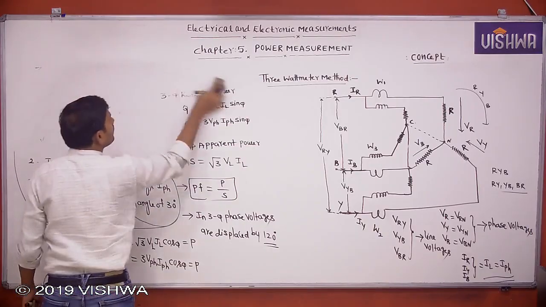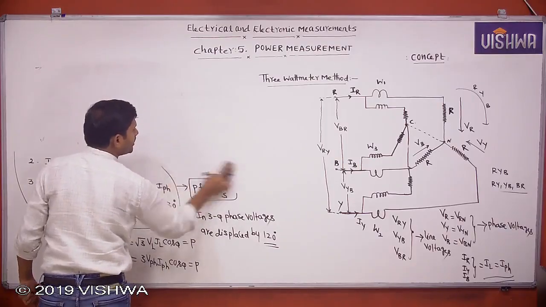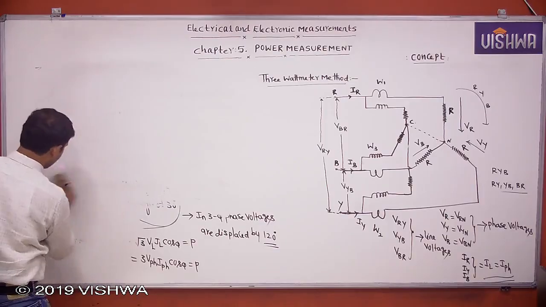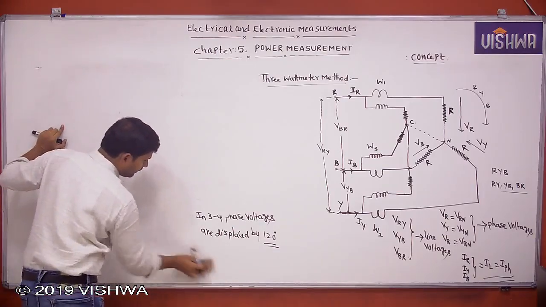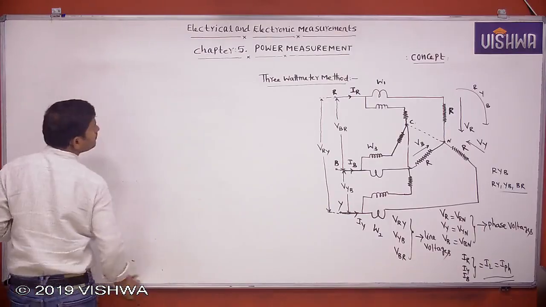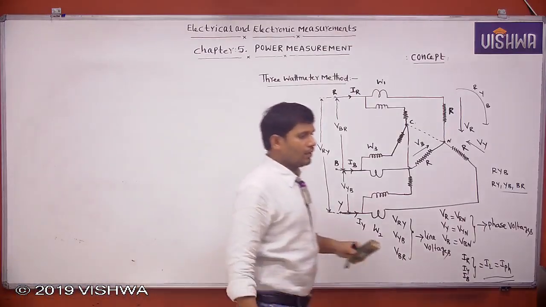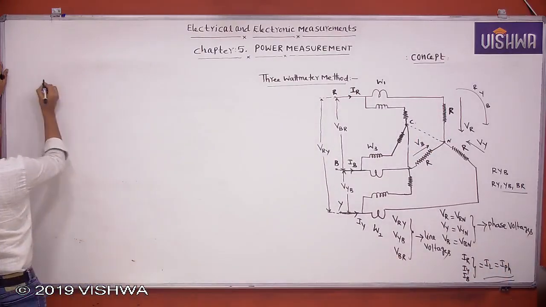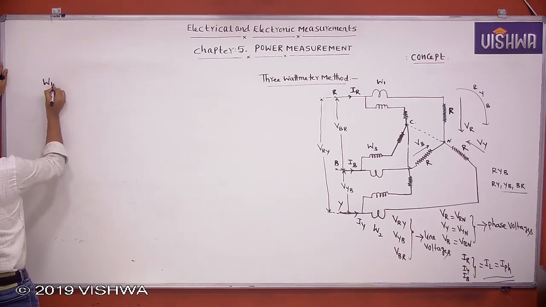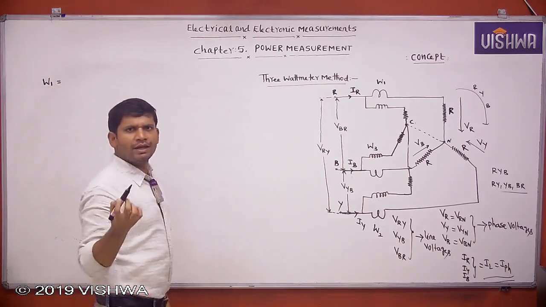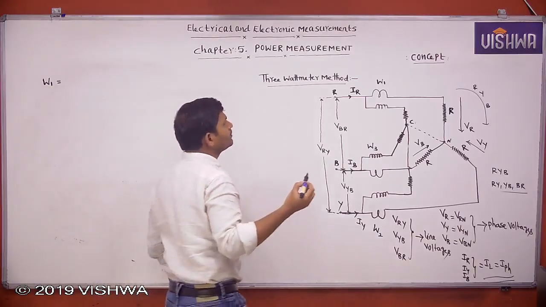What is W1 equal to? I told already, wherever we are calculating wattmeter reading, it is pressure coil reading into current coil reading into power factor.